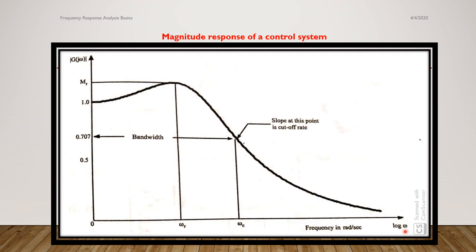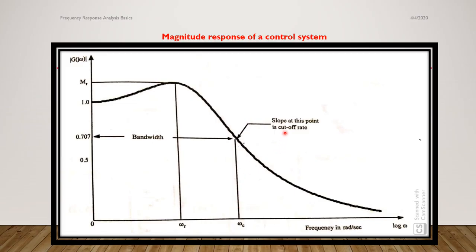Note that the plot exists for positive values of ω only. The resonant frequency is ωr. The resonant peak is Mr, this is the bandwidth, and this is ωc.